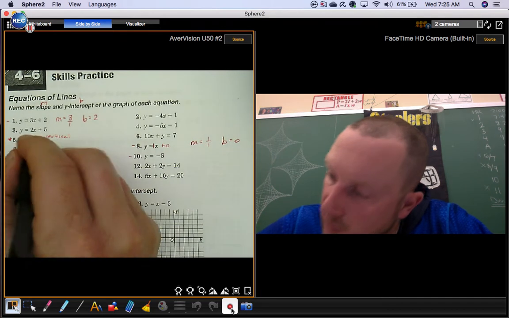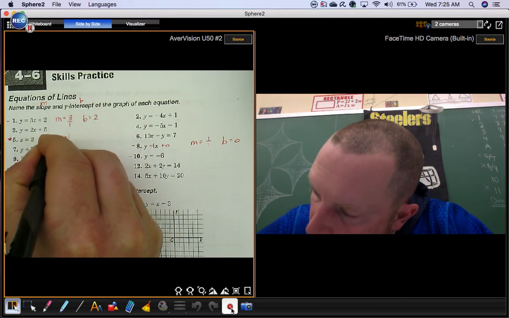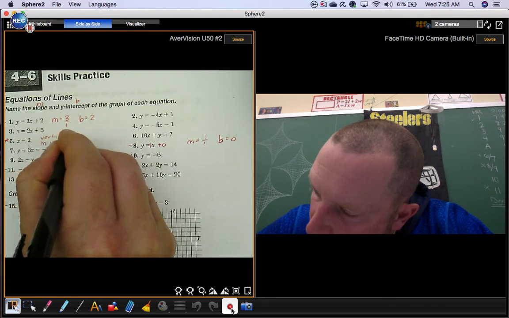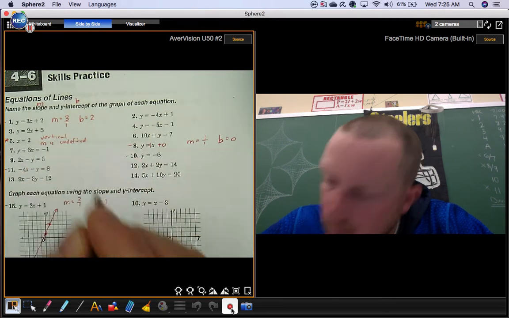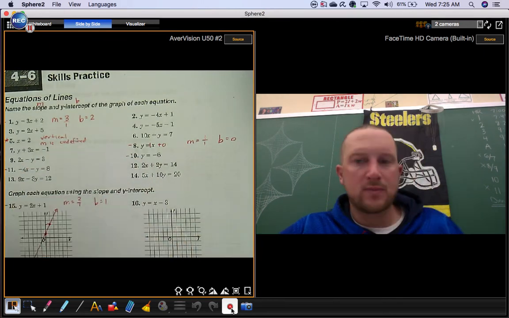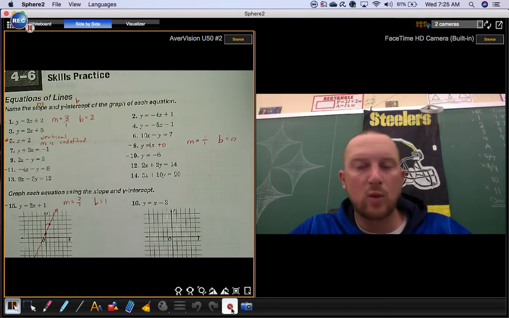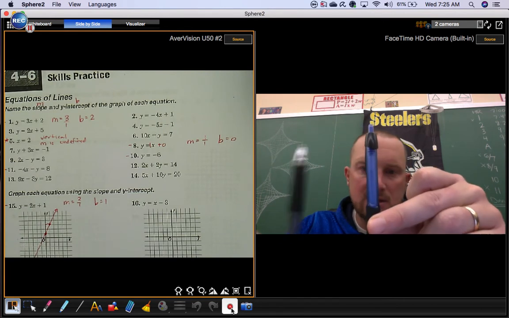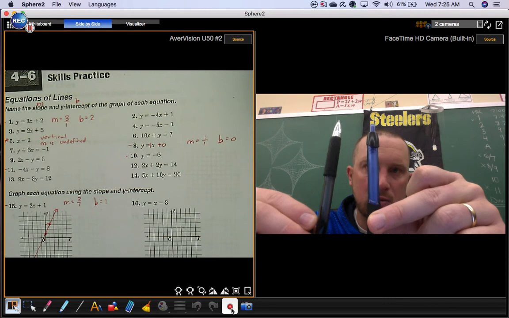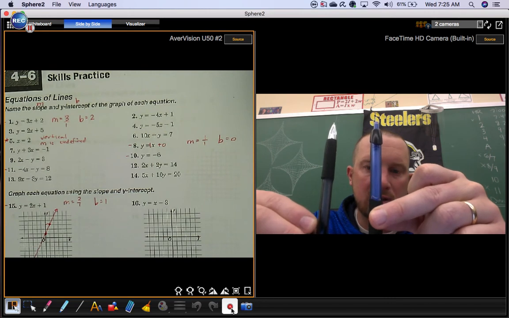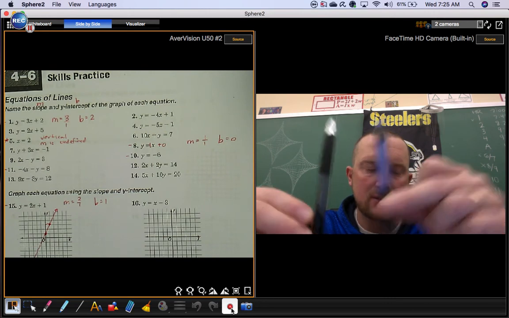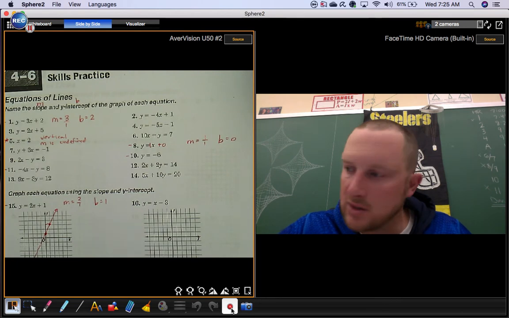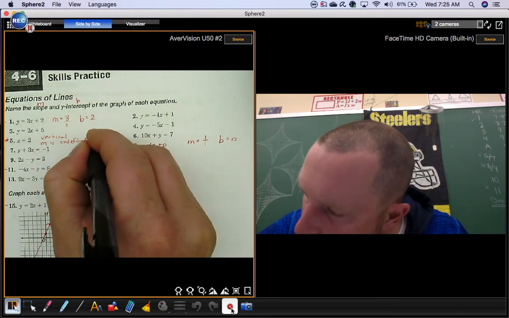And if the line is vertical, the slope is undefined. So you need a y-intercept now. Well, if this is your y-axis, and this is the graph of your line, it's vertical, is it ever going to touch the y-axis? It's not.